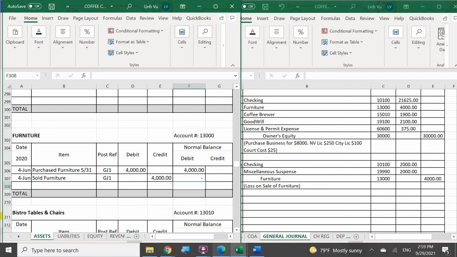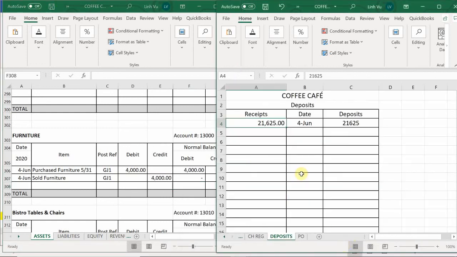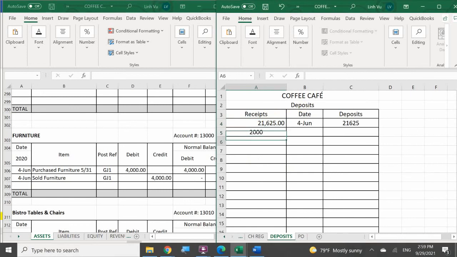Now here's one thing we noticed. We got cash in our hands, so we need to put that into our deposits, because we said that we had $2,000 on our hands. I recommend you shouldn't walk around with $2,000 in your pocket.